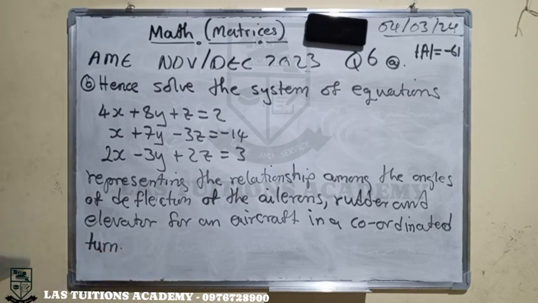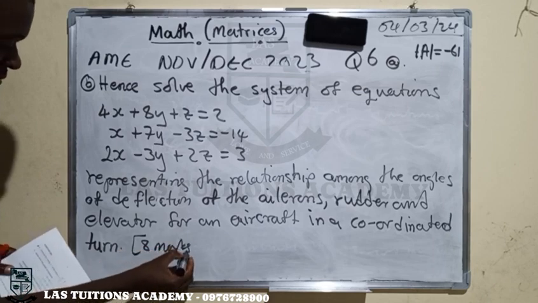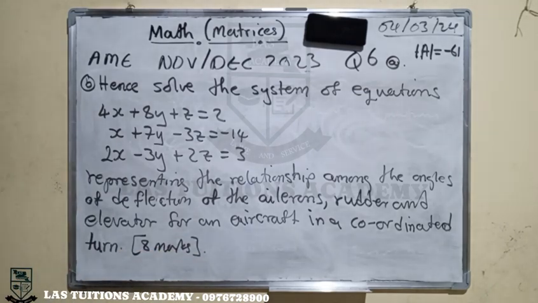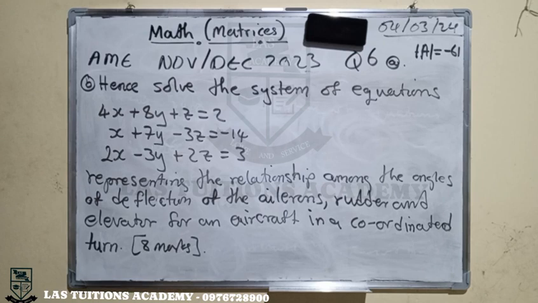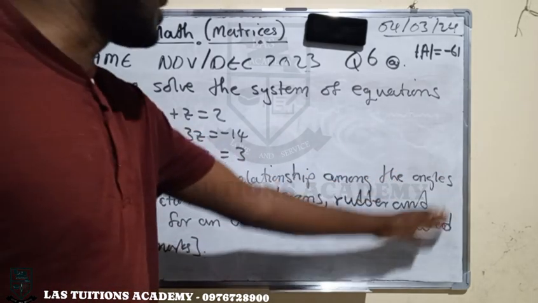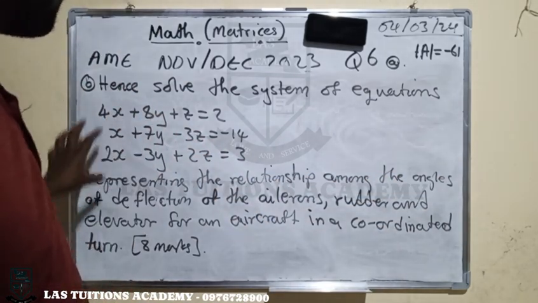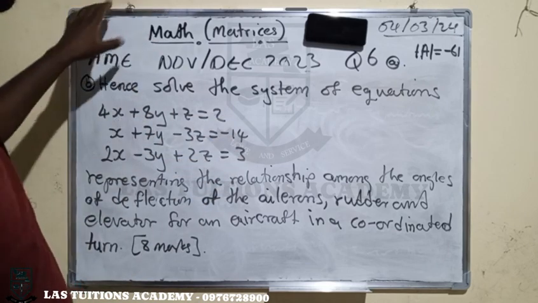Okay, so this one had 8 marks. The one we are from solving had 12 marks. So this one had 8 marks, to make it 20 marks altogether, as in the whole question. Okay, so now all this that you see here is just language that is trying to make this mathematics fit AME, aircraft maintenance engineering.